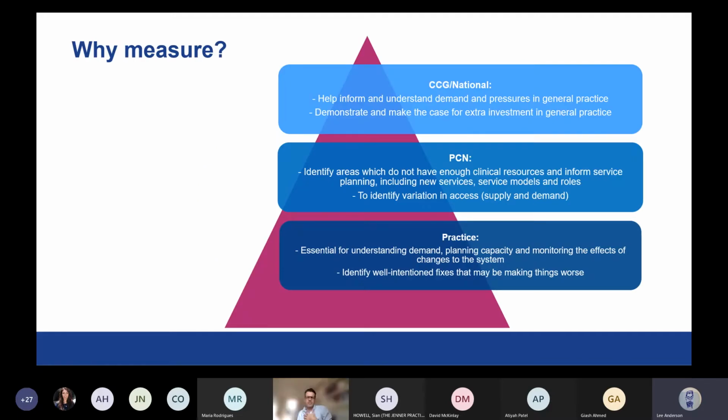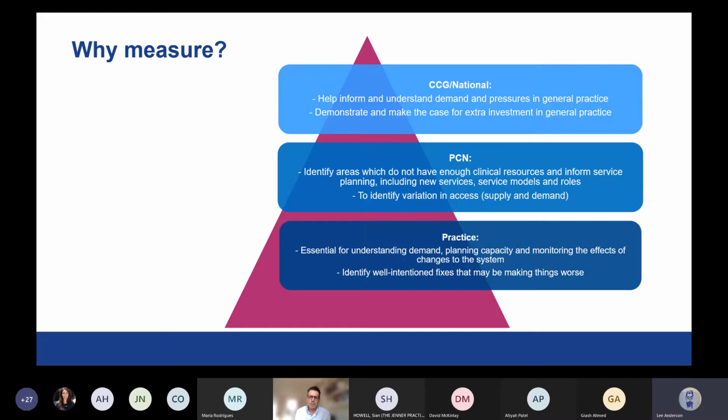So why is it important to measure access? I think Maria's touched on some of the national priorities. Essentially, it's difficult to make a case for greater investment in primary care if we can't count or measure what we do, and also to try and articulate some of the pressures that primary care is under.